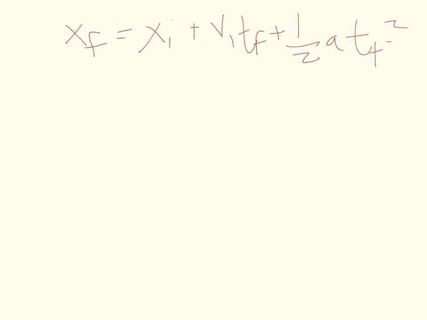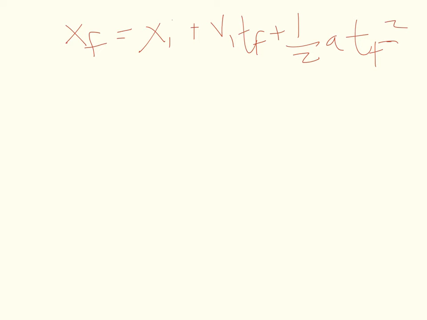So part B is, how far does the brick fall at this time? Here is your equation. Now remember, on your formula sheet you're probably looking at something that says position final. So here we go. Let me write it down for you. Xf equals xi plus vi times tf plus 1/2 a tf squared. I believe we did this one on the first page, didn't we?